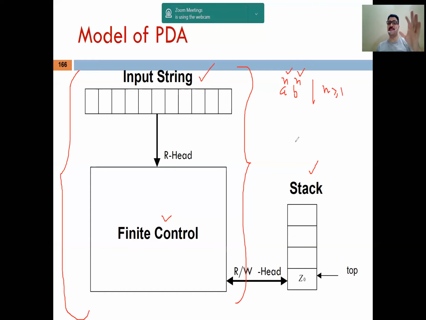This type of problem can be solved with the help of the PDA by using the stack. So what is the role of the stack here? There is a stack where Z0 is the initial symbol, that shows that the stack is empty, and top is the pointer that points to the topmost element of the stack, as per the usual stack property, right?